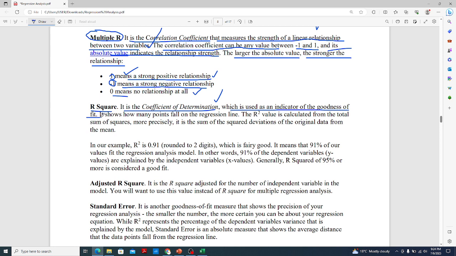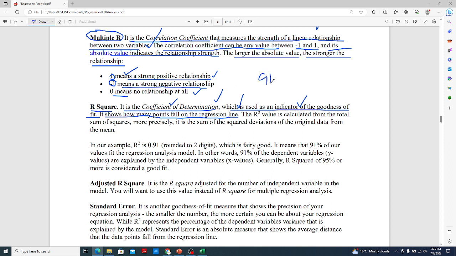Basically it shows us how our model fits our data. It shows how many data points fall on the regression line.